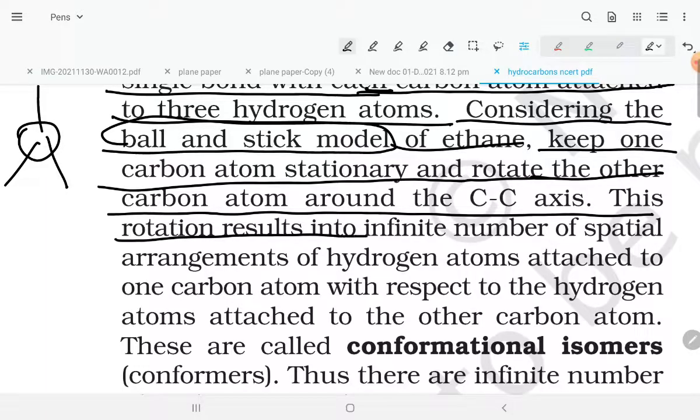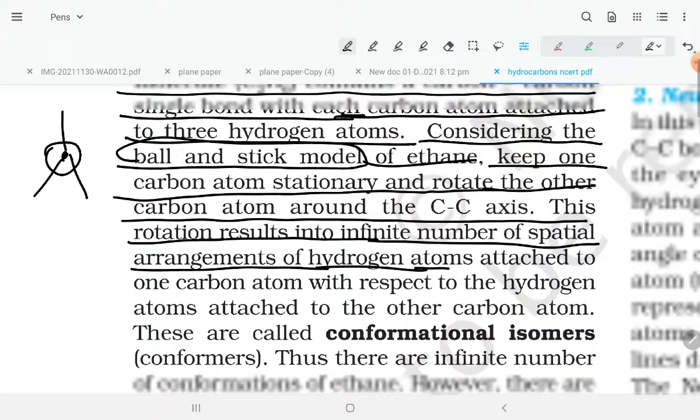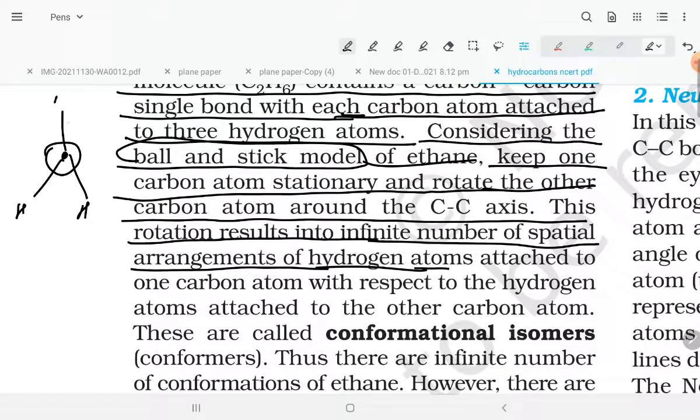This rotation results in an infinite number of spatial arrangements of hydrogen atoms. So one carbon is fixed and the remaining one is going to rotate.